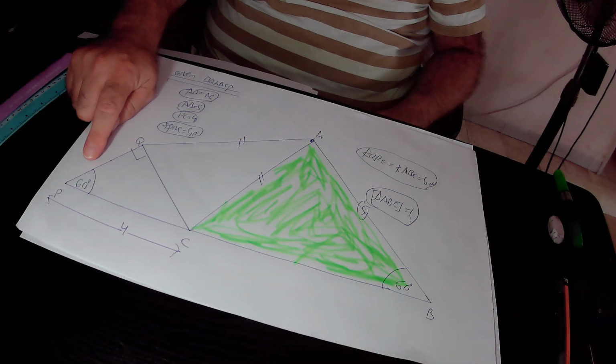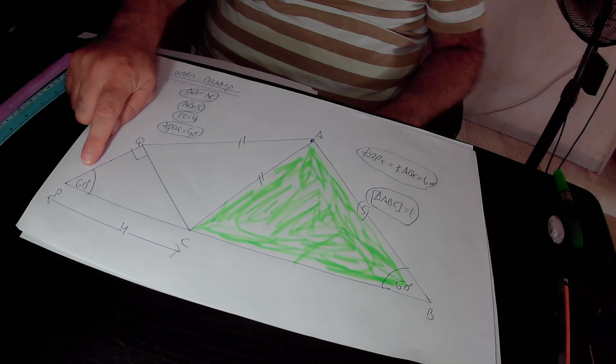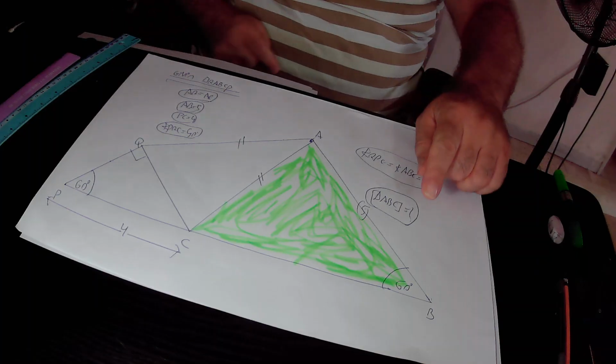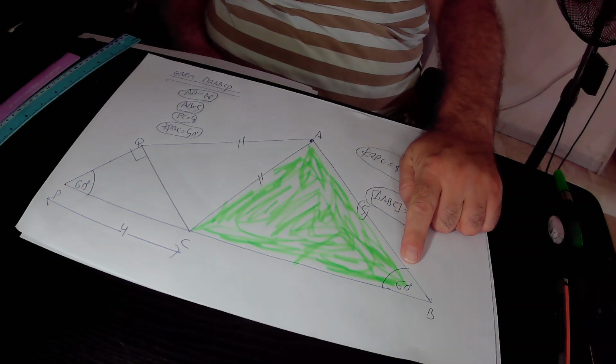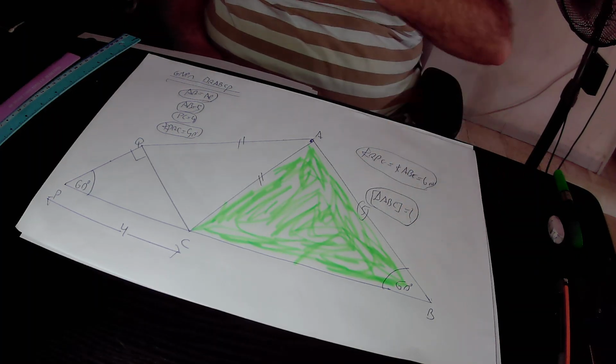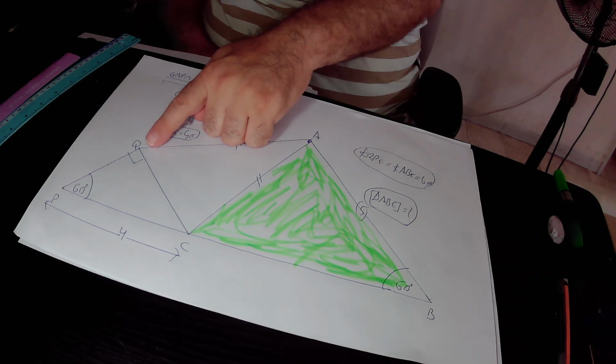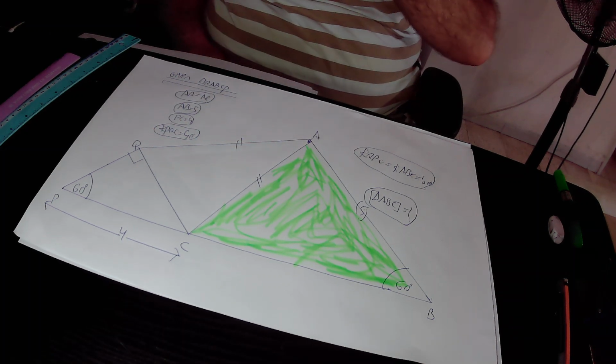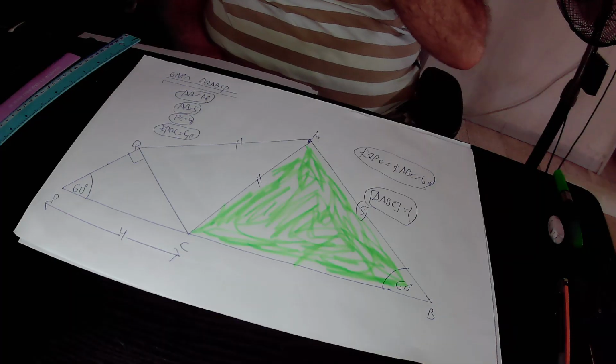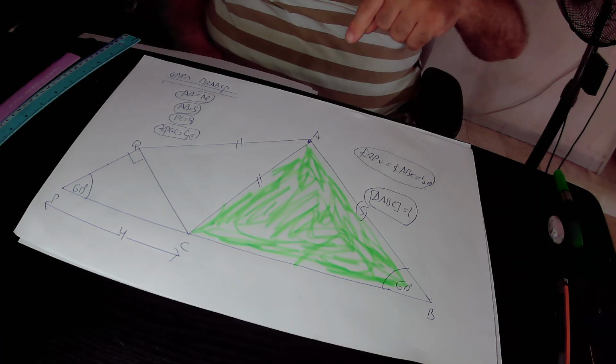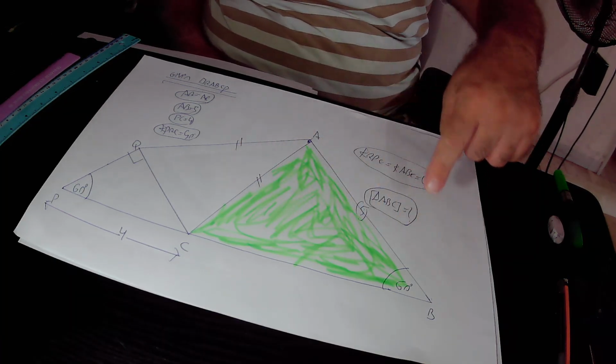This is angle QPC that equals 60 degrees in size. This is angle ABC that also equals 60 degrees in size. This is angle PQC that is a right angle. Again, our task is to find out the area of this green triangle, triangle ABC.